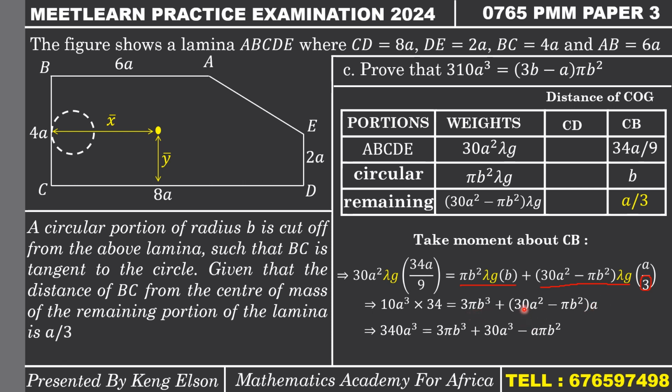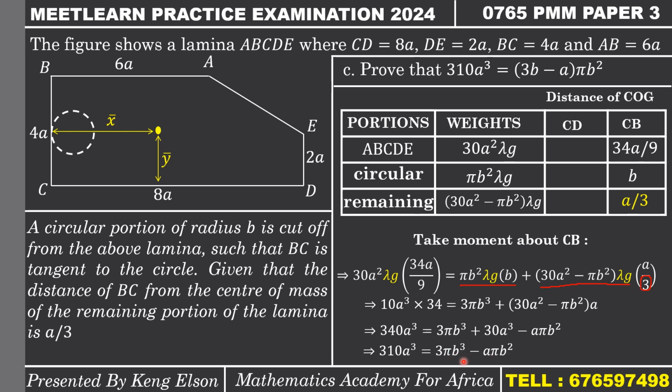Now a times 30a squared is 30a cubed. Negative pi b squared times a is a times pi times b squared. We bring like terms together and subtract 30a cubed on both sides. 340 minus 30 is 310, so 310a cubed equal to 3 pi b cubed minus a pi b squared.